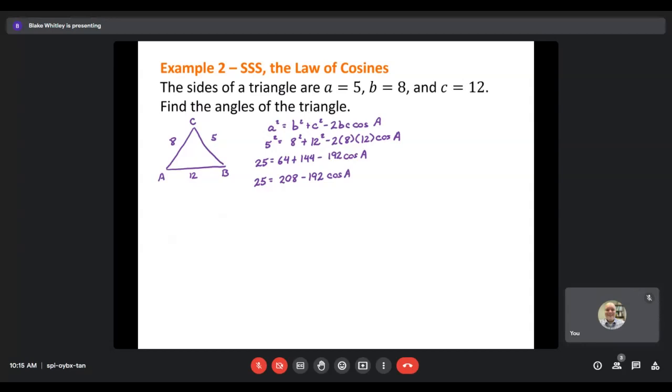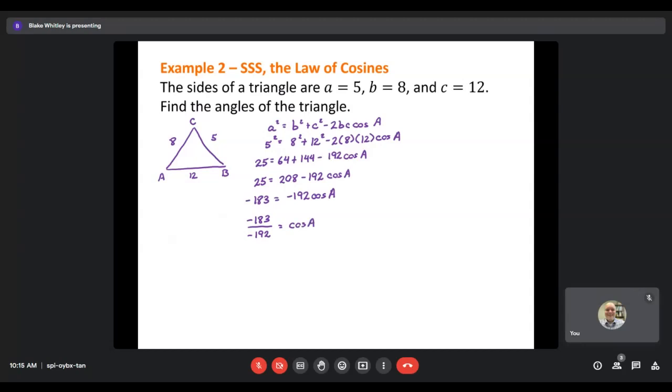So 25 minus 208 gives us negative 183. And now to get the cosine by itself, I'm going to divide by negative 192. So we get negative 183 over negative 192 equals cosine of A.